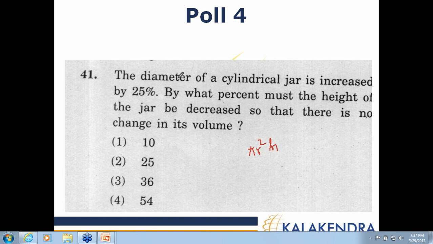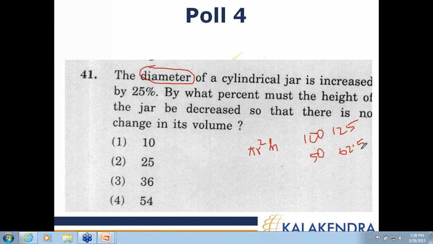So one level of confusion is whether it is the diameter or the radius that is increasing. Let's say if I have my diameter as 100, then my radius will be 50. If the diameter becomes 125, half of that must be my radius, which is 62.5, and 62.5 on 50 is again 25%.